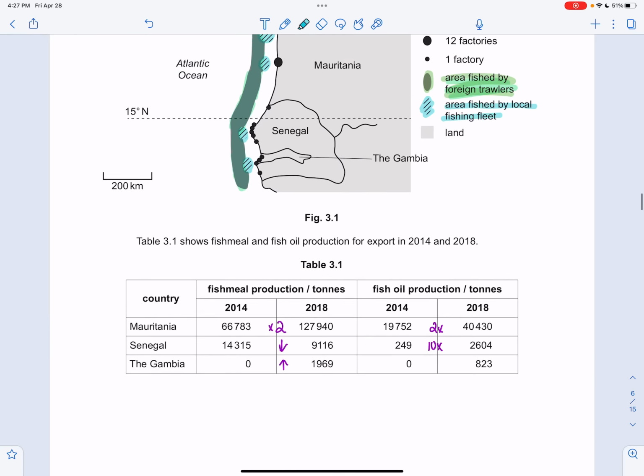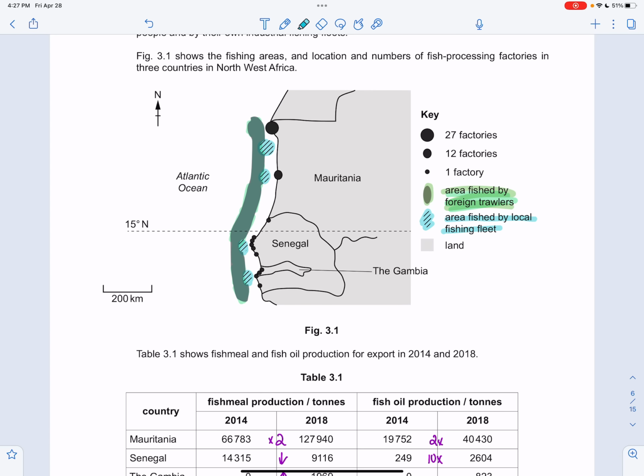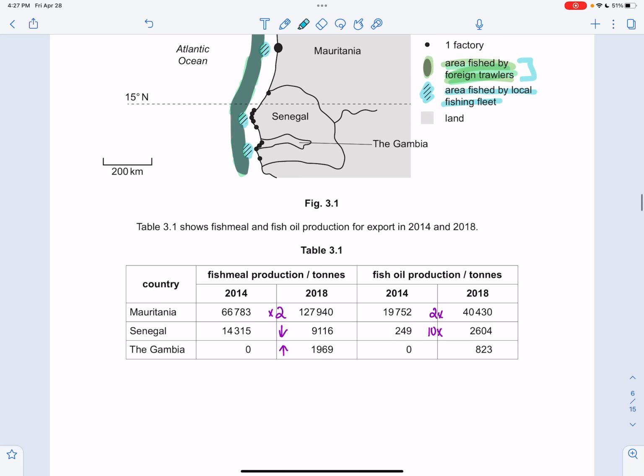Okay, and so we can see, we can give an explanation for this. Can we notice that the area that the foreign trawlers have is much larger compared to the local people? And we can see all that they're trying to export.